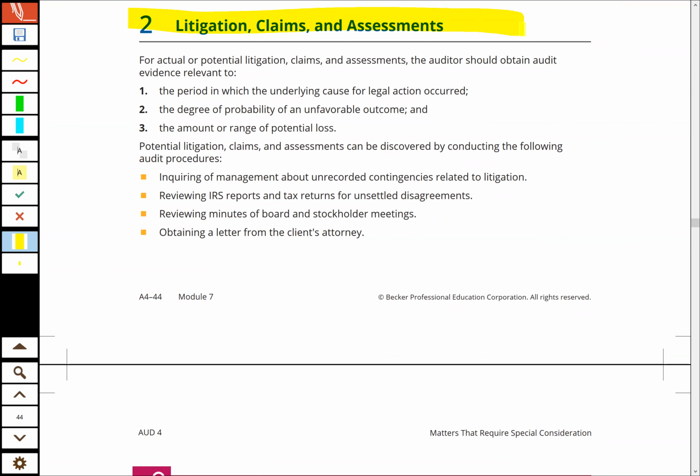Yeah, I hope so. You damn well better, or you need to step away from that position, right? The auditor's expectation is they should know whether or not they're being sued. And so what we're going to do is rely to a large extent on management to tell us about this.